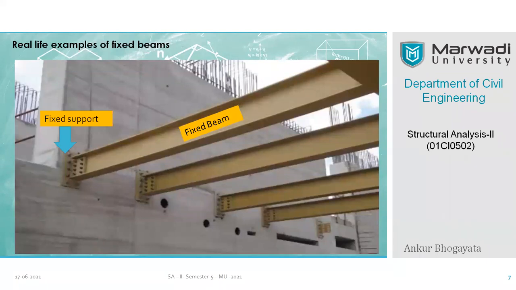Here I have collected a couple of images which resemble fixed beams in real structures. Here you can see there is an RCC wall, and within the RCC wall you have a metal plate that is bolted to the wall itself, so that a rigid connection is developed between wall and plate.